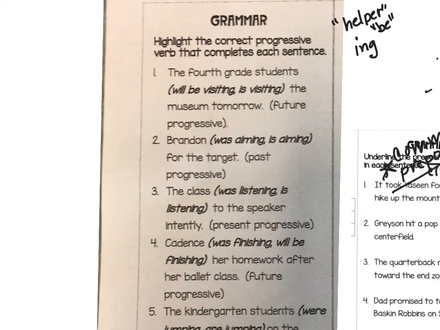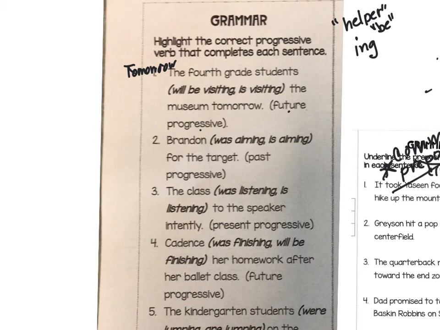So the 4th grade students will be, is, visiting the museum tomorrow. You want to choose the future progressive. So that means you can put the word tomorrow in front, because remember, tomorrow means future.